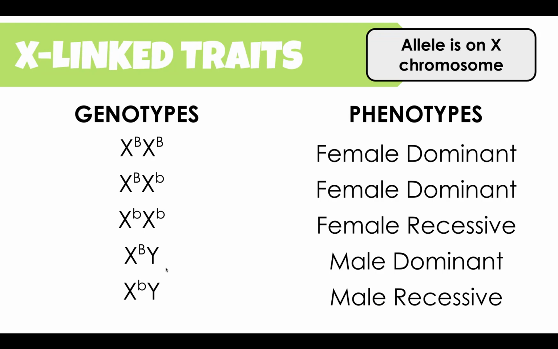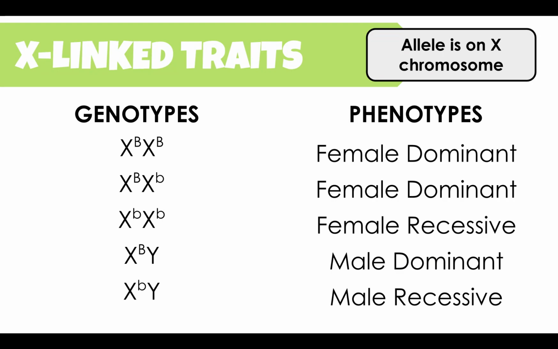For males, there are only 2 different types of X-linked genotypes that we can see. Because this is an X-linked trait, that trait, the B trait here, is only found on the X chromosome. We only see the exponent next to the X. We do not see the exponent next to the Y because that Y represents the Y chromosome.